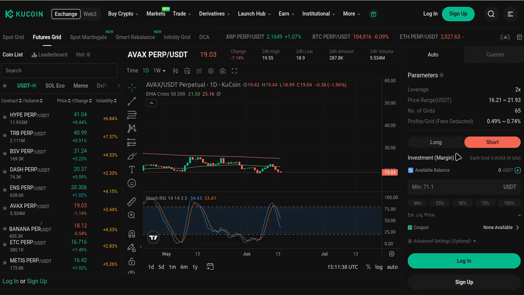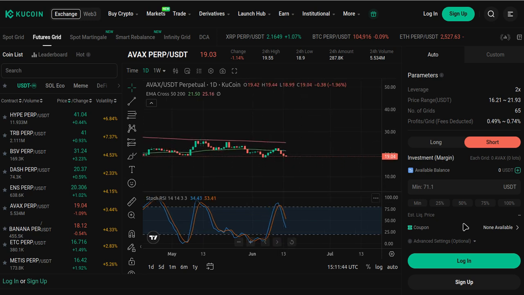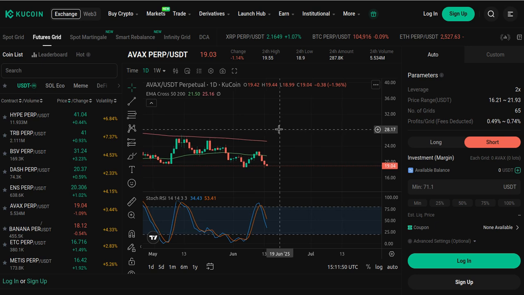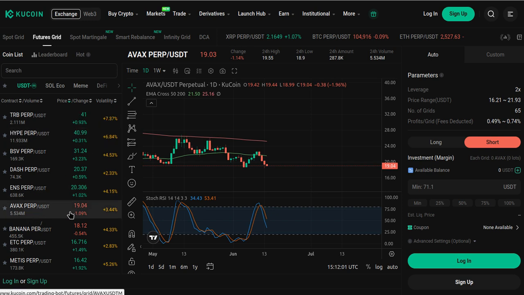Most likely it will be a 15% return as well. So we also have AVAX, which is a very good short sale as well. It's already dropped by 1%, I should assume.